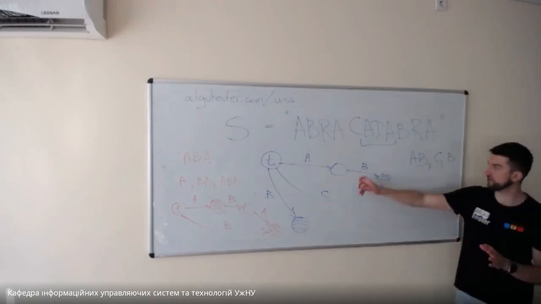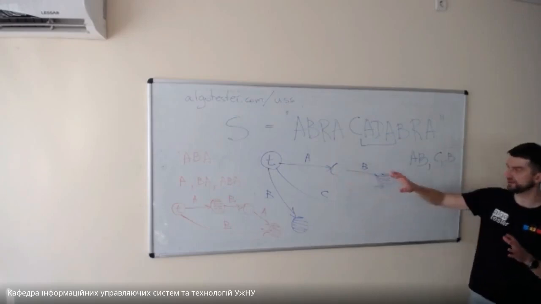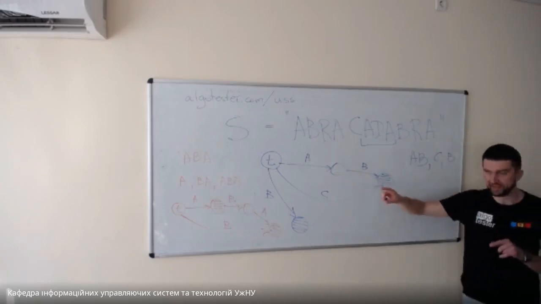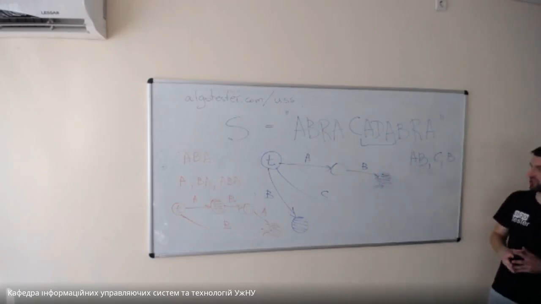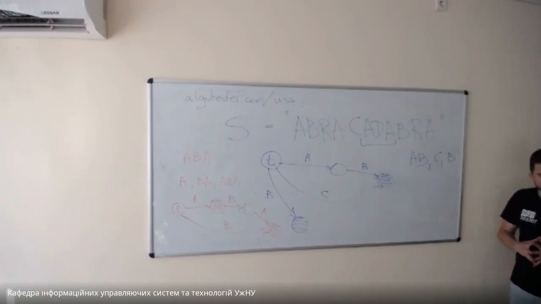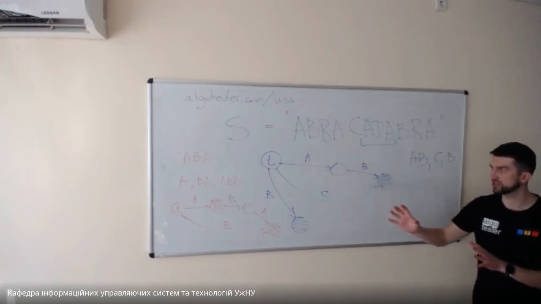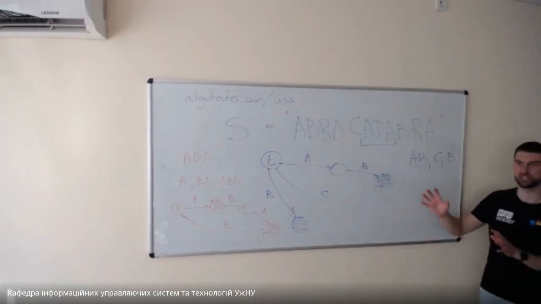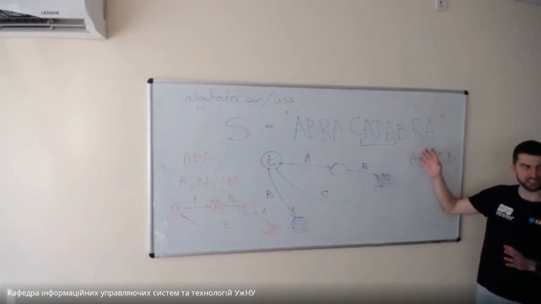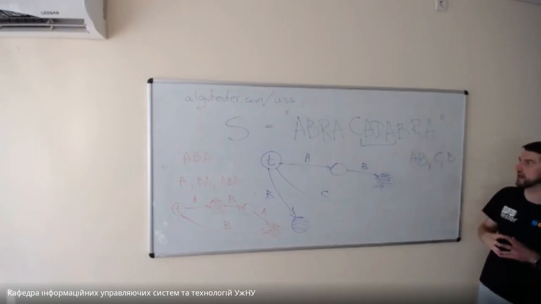From any state, there must be at least one way to reach a terminal state. Okay, so it looks like such an automaton really can hold information about all substrings of the given string.